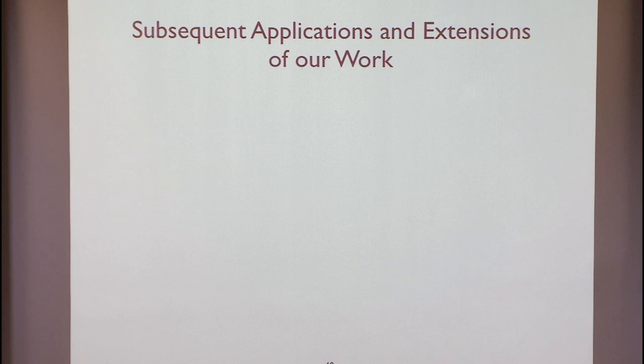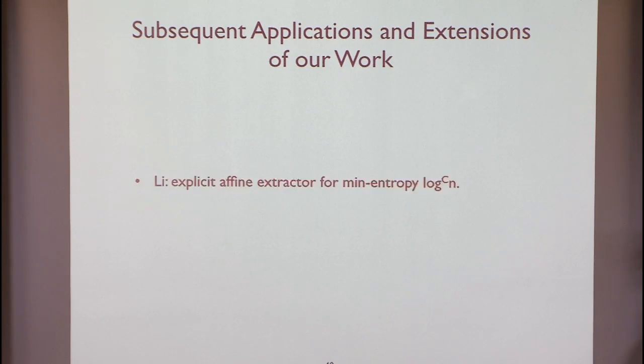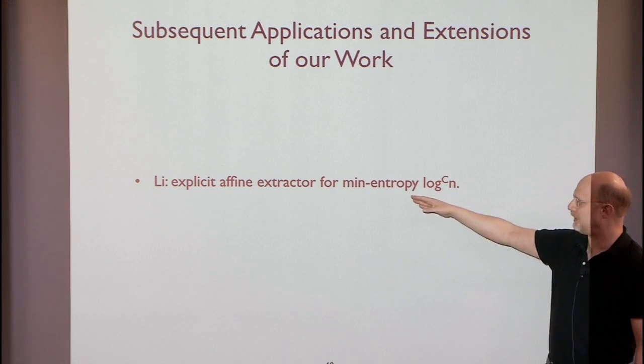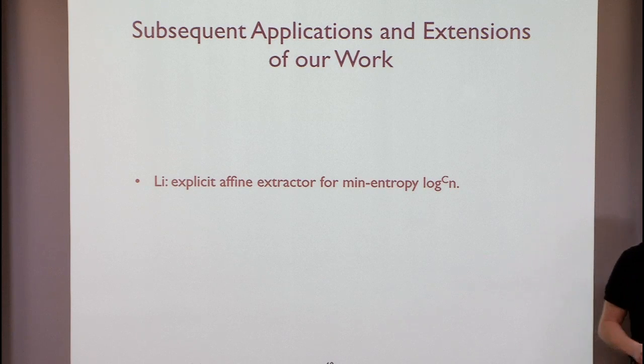Let me just tell you about some subsequent work. First, Lee used our construction to give an affine extractor for min entropy just polylogarithmic. An affine extractor is the case of a structured extractor where the source is just an affine subspace, a shift of a linear subspace.